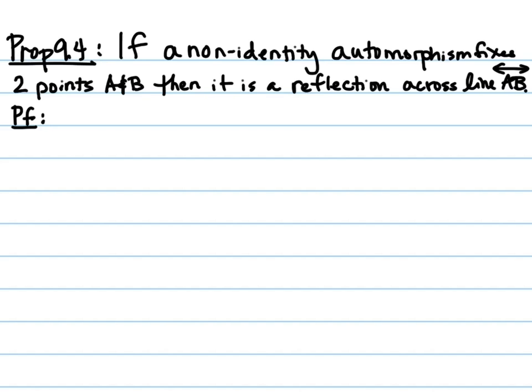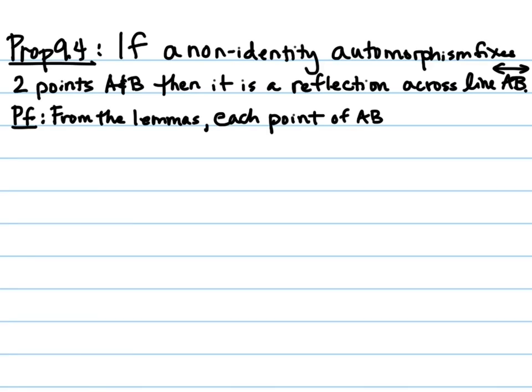Okay, so talking about this one, proving now that it is actually going to be a reflection when we have two fixed points. From our lemmas, each point of line AB is fixed. That was lemma 9.1.